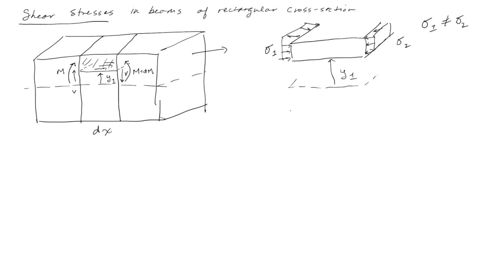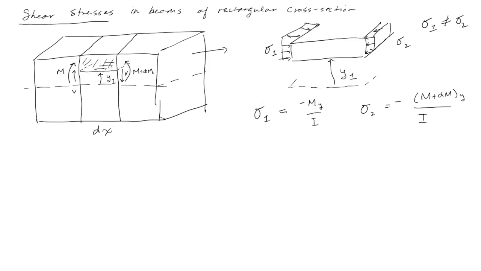Sigma 1 in this case is going to be equal to minus My over I, where this is a different y. This isn't y1. This would be some other y up into this cross-section. Sigma 2 is minus M plus dM, times y over I. Now let's convert all these stresses into resultant forces.